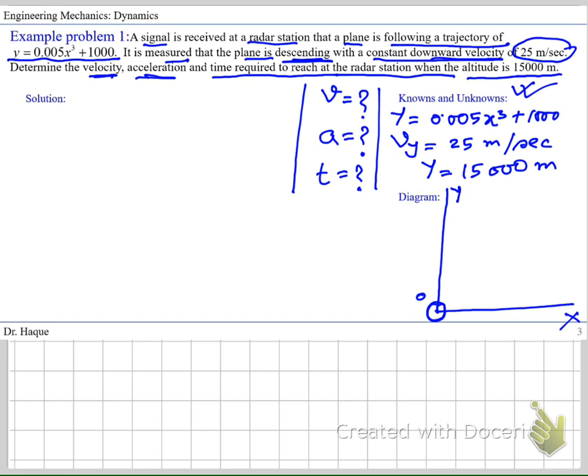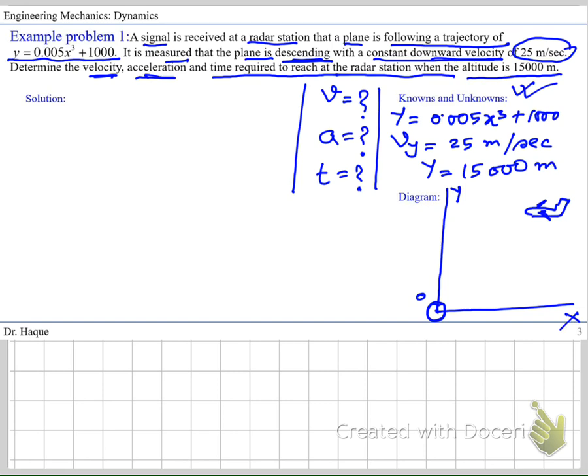So now our current position of the plane is here. That's a plane. Okay, and it is following a path which is given.